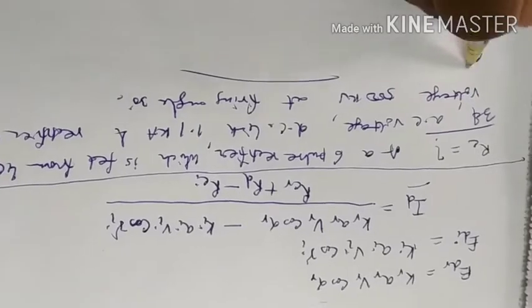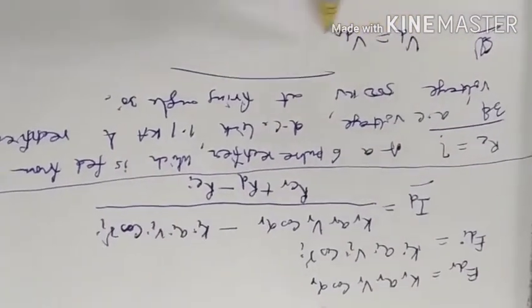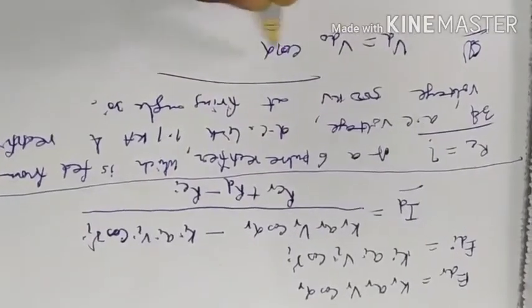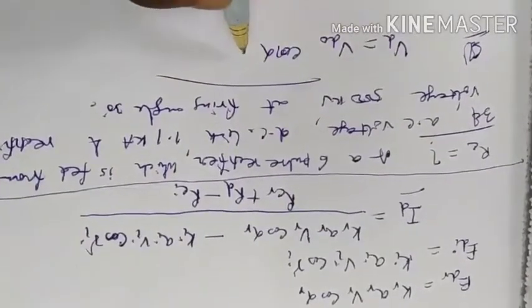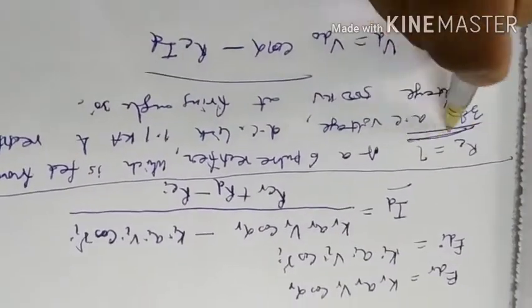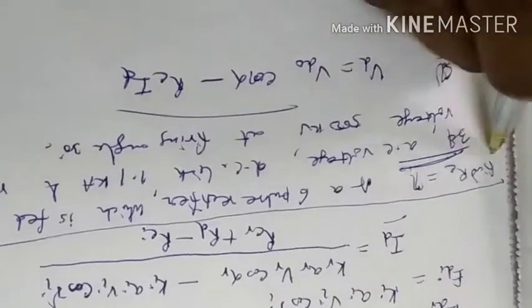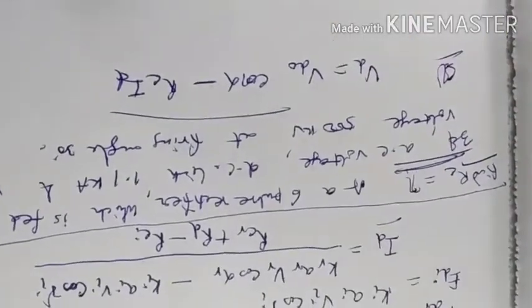We know the equation VD equal to VD0 cos alpha minus RC into ID, where RC is the commutation resistance. We have to find the value of commutation resistance.